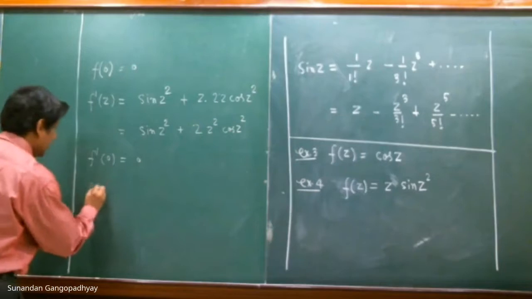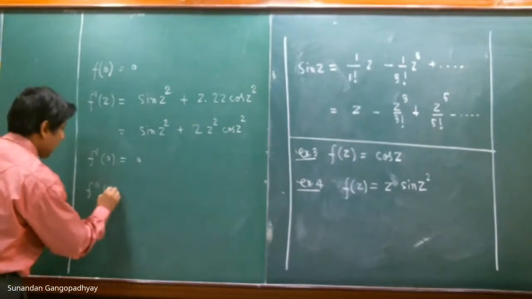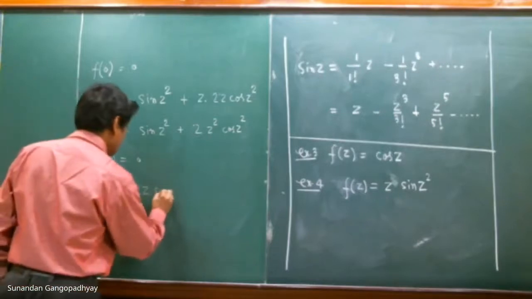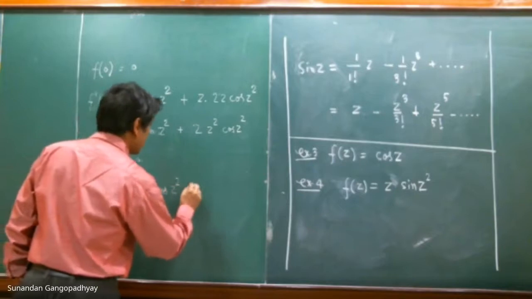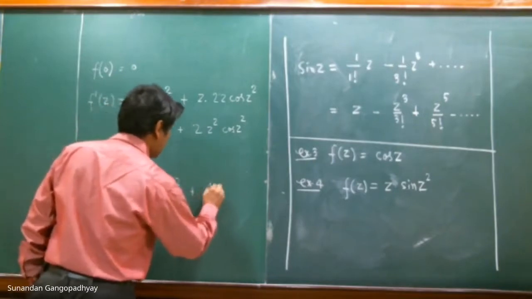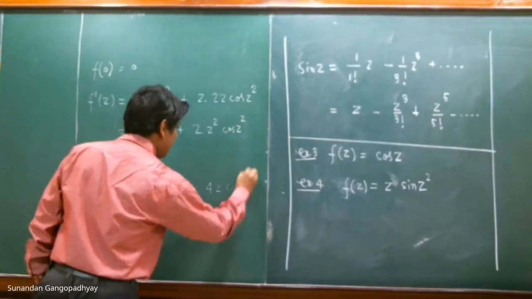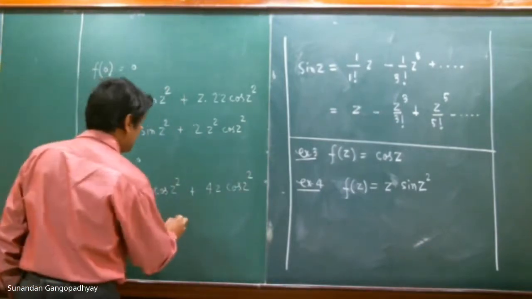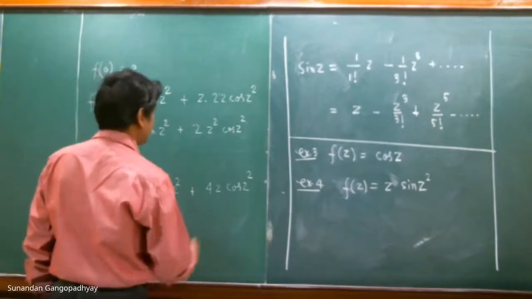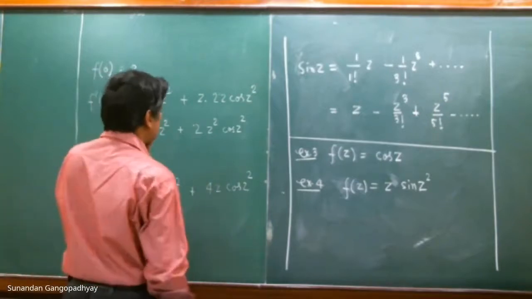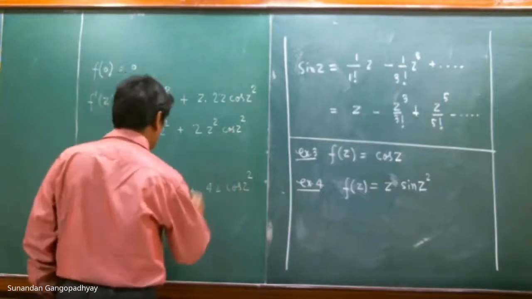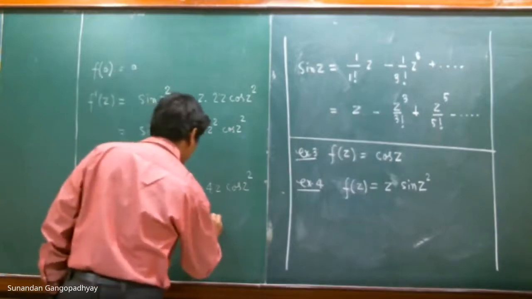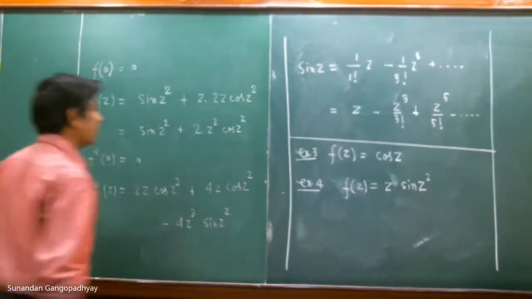Let us evaluate f double prime z. f double prime z is 2z cos z square plus 4z cos z square, and then we will have minus 4 z cube sine z square.